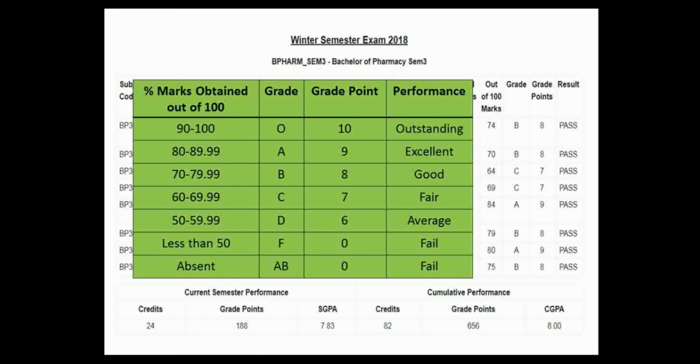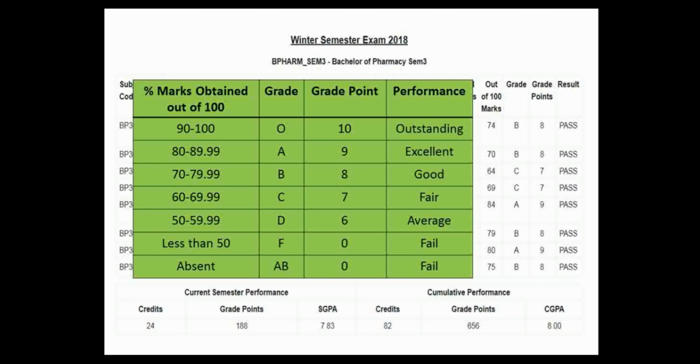If your marks are 64 out of 100, it comes under the range of 60 to 69.99, the grade will be C and the grade point is 7. If you receive 84 out of 100, it is in the range of 80 to 89.99, so you will receive grade A and the grade point is 9. In this way, depending upon your marks out of 100, the grade is allotted and grade points are given in your result.